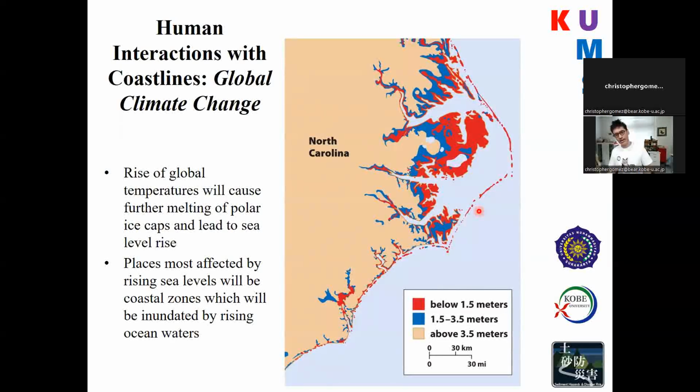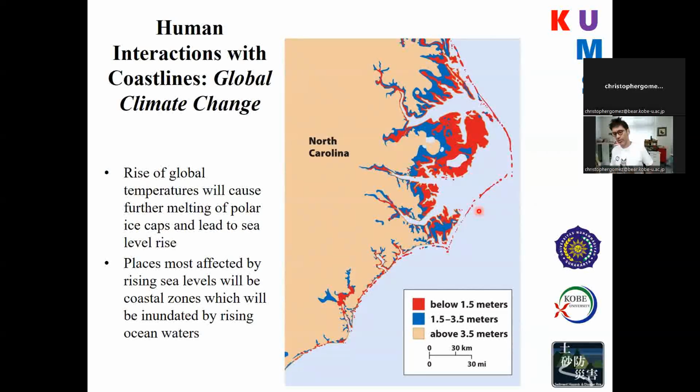And then with global climate change, with the rise of global temperatures, which is also due to human activity, you have the melting of ice, and not ice on the sea, the melting of ice on land, which matters for us. And this is modifying the coastline as well.